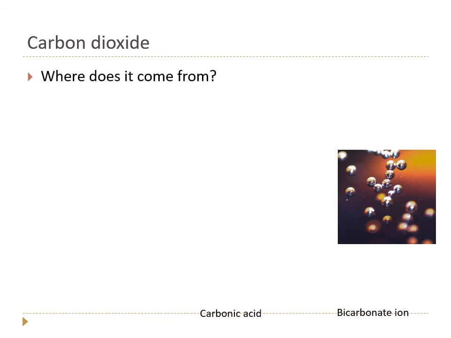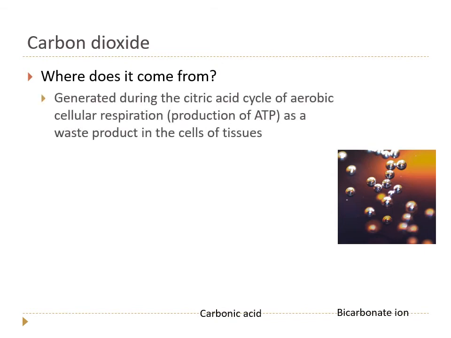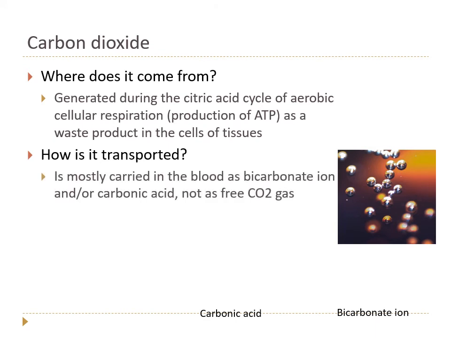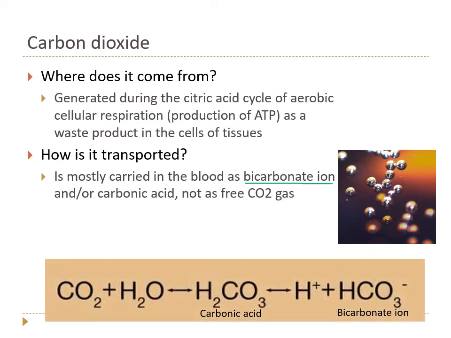Just a reminder, because you haven't heard it enough today, where does it come from, right? It comes from aerobic cellular respiration as a waste product of ATP production. So it's mostly carried as bicarbonate ion or carbonic acid in the bloodstream. This is the chemical reaction that occurs.